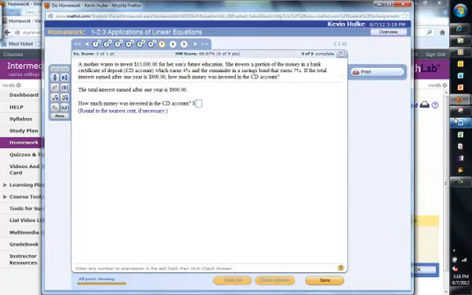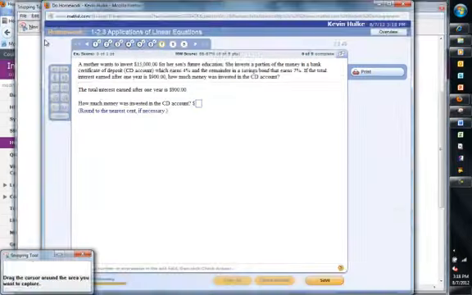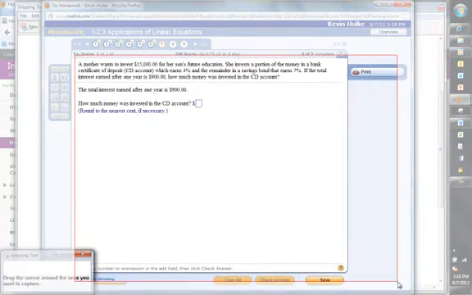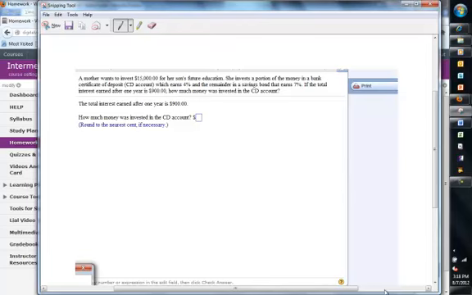These are the ones that people get wrong on their tests all the time. Let's see why they get them wrong. A mother wants to invest $15,000 for her son's future education. She invests a portion of the money in a bank CD, which earns 4%, and the remainder in a savings account that earns 7%. If the total interest after 1 year is $900, how much money is invested in the CD account?